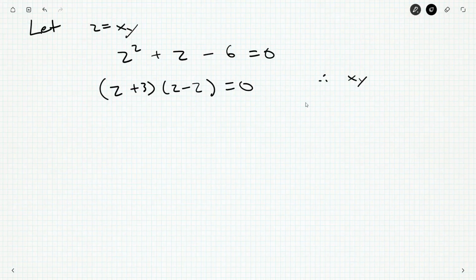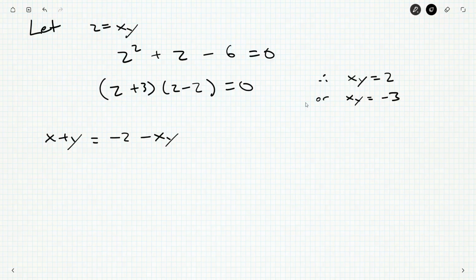So that tells me xy is 2, or xy is negative 3. And x plus y we said was negative 2 minus xy, so it's either negative 2 minus 2 or negative 2 minus negative 3. And those are negative 4 and 1.